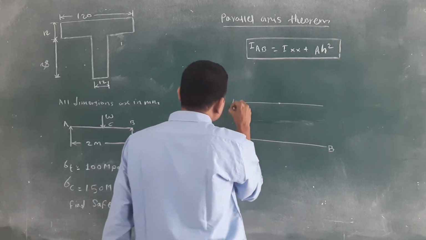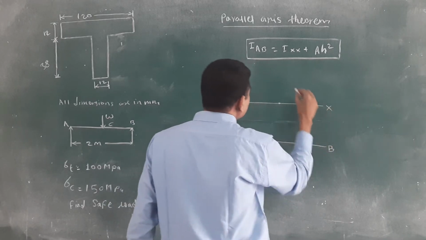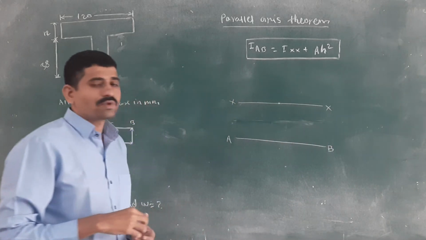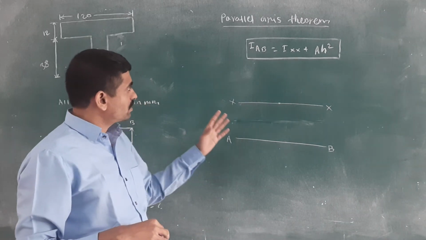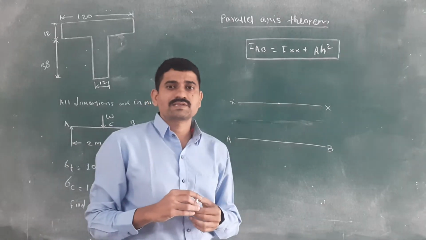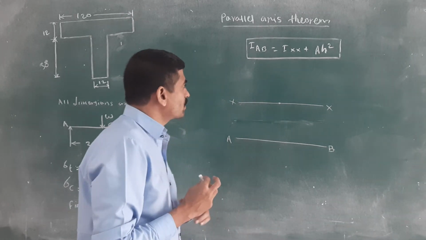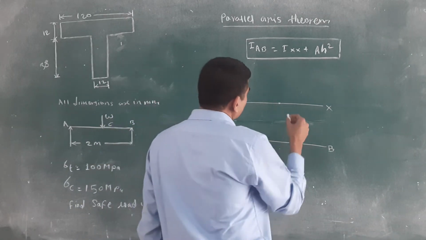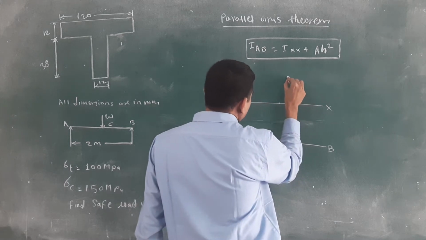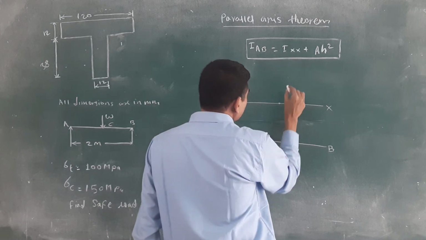Suppose here is a centroidal axis XX, also denoted by the suffix G, and the product of the area and the square of the distance about that centroidal axis.